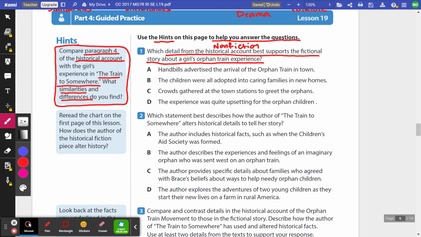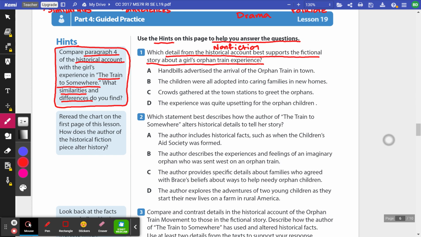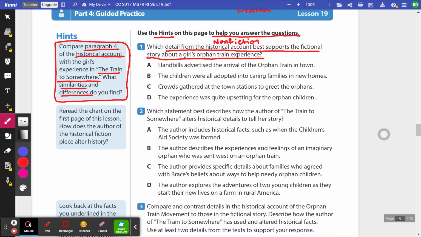So, in order to be able to answer this question, you're going to have to go back and look at paragraph 4 of the historical account and think about what similarities and what differences there are in both texts. So the correct answer choice is going to be a detail from the historical account that supports the story about the girl's orphan train experience.